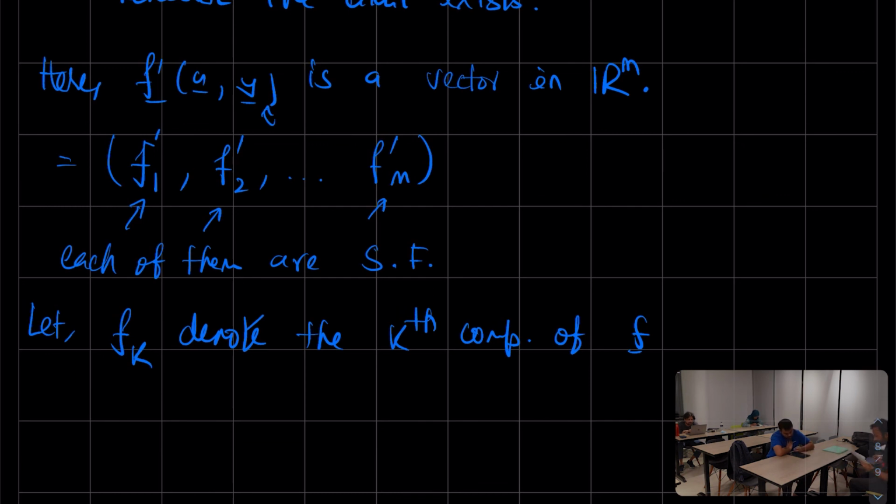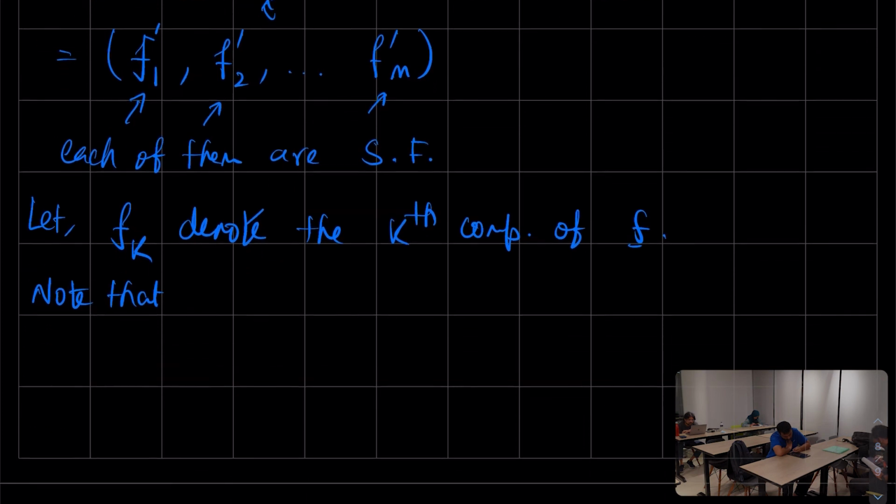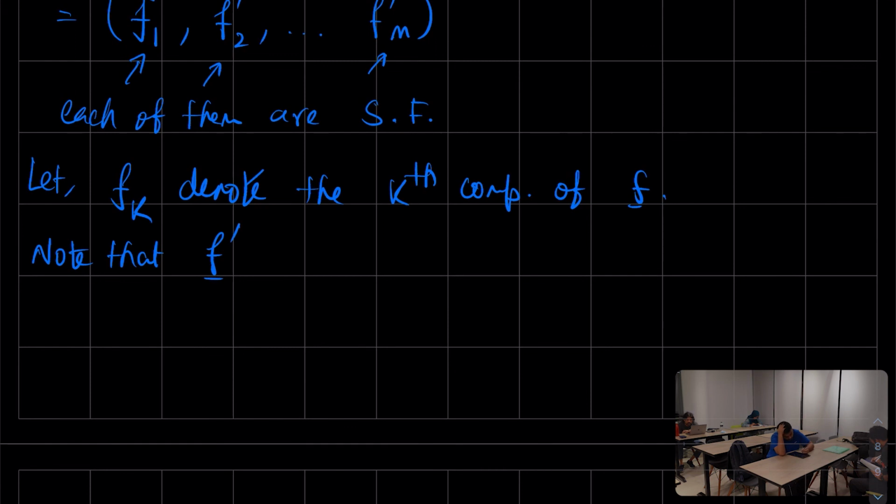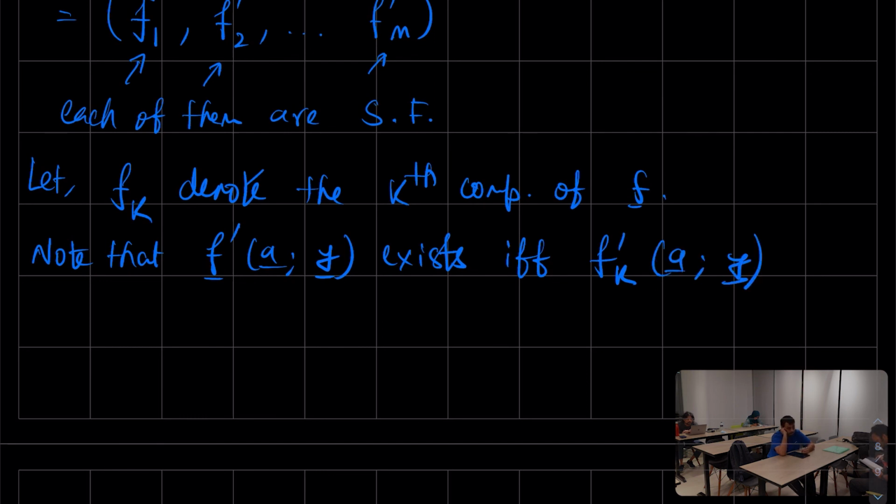So sorry. The kth component of F. Note that f prime a y exists if Fk prime exists for each k.